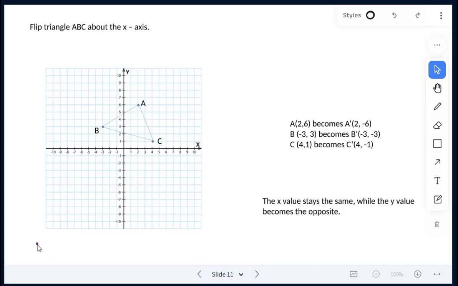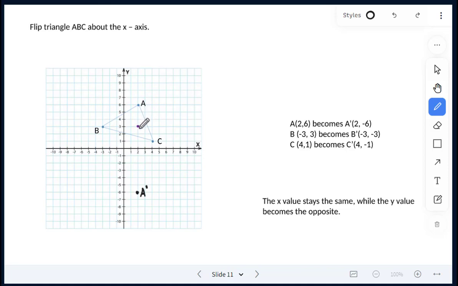All right, so let's take a look at our example. We have triangle ABC, and we want to flip the triangle ABC about the x-axis. So here is our x-axis. Okay, so what we've done so far, we took our point A, we counted it to the x-axis.